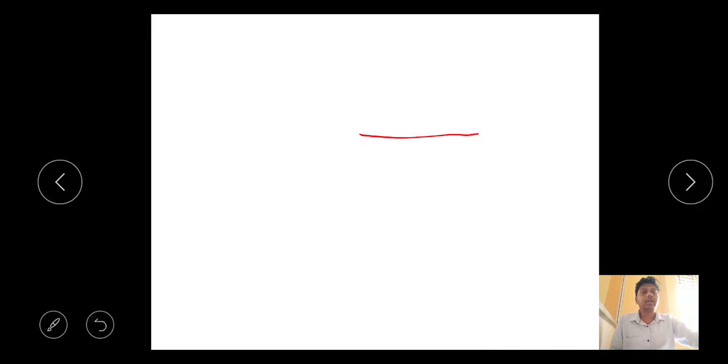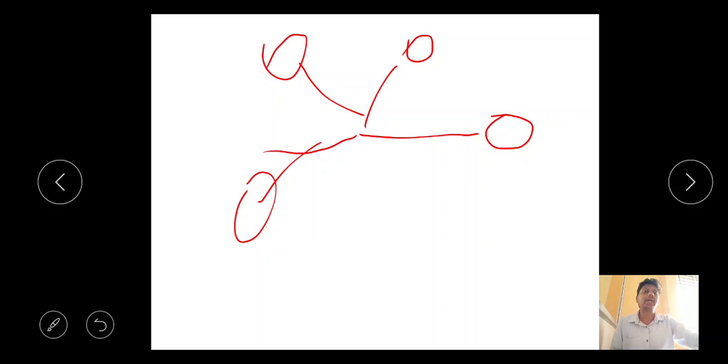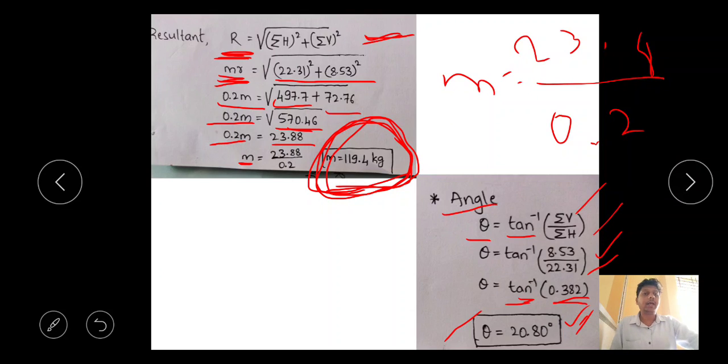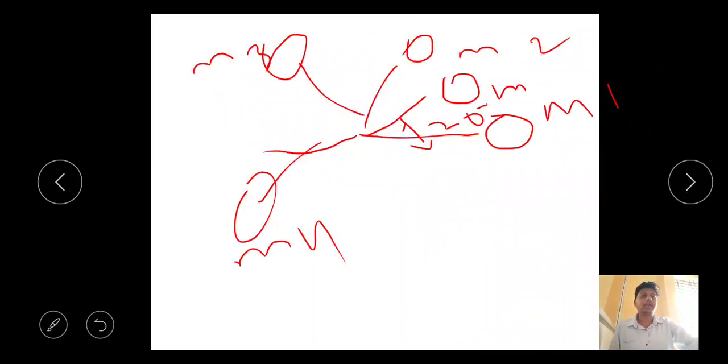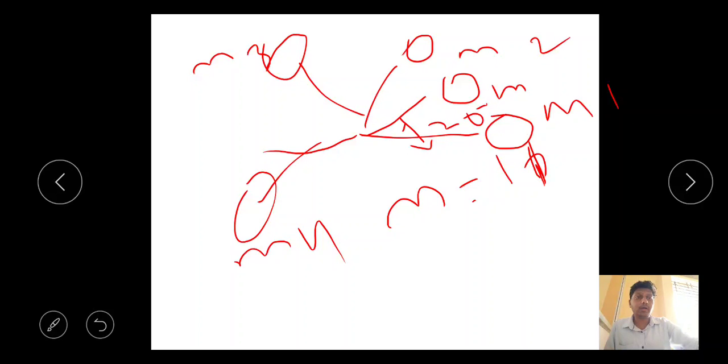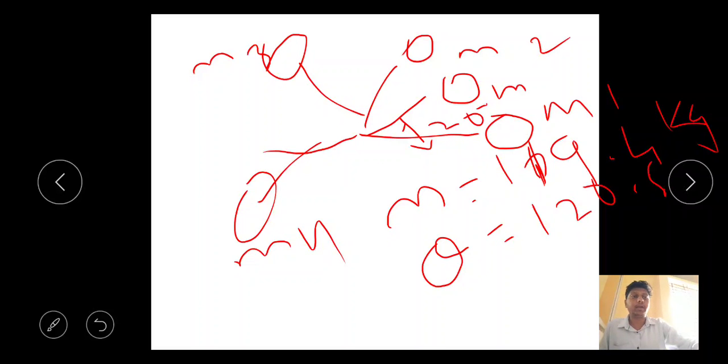That means if you have four masses, m1, m2, m3, and m4, you can balance all these four masses by only one mass m, which is at an angle of 20 degrees. The mass value is 119.4 kg, around 119.4 kg, and theta will be 120.8 degrees.